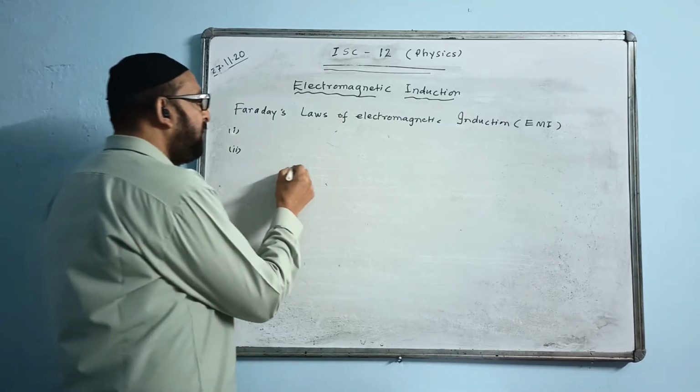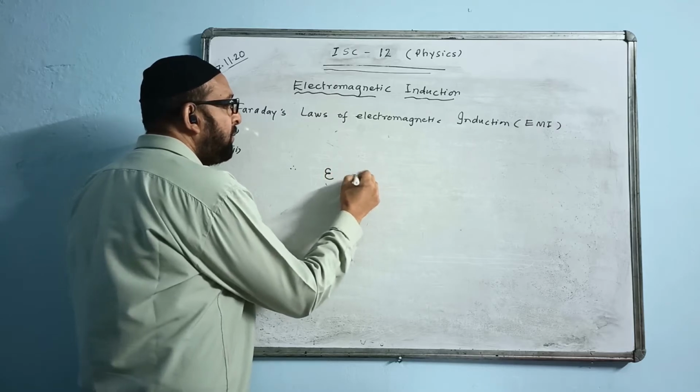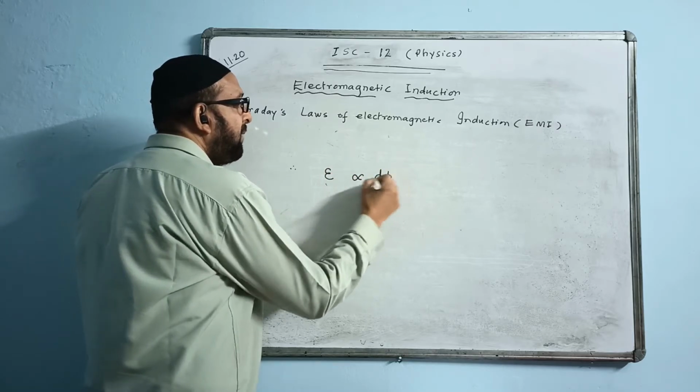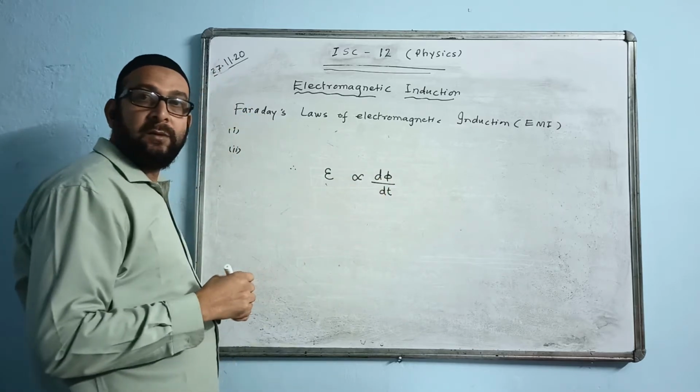Therefore, we write E is proportional to d phi by dt. Change of flux, rate of change of flux.